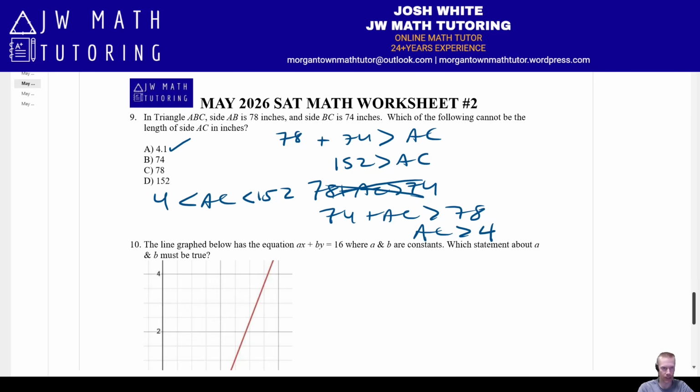Yes, can be. 74? Yes, can be. 78? Yes, can be. 152? No, cannot be. So that is the answer to the problem, letter D. The third side cannot be 152 because any two sides have to be greater than the third side. They cannot be equal to the measure of the third side. So the correct answer to this one is just D.